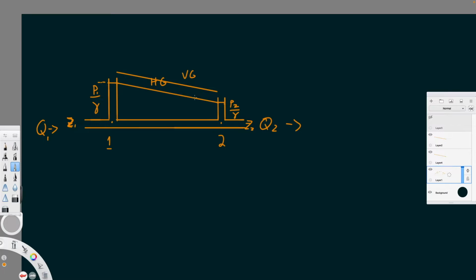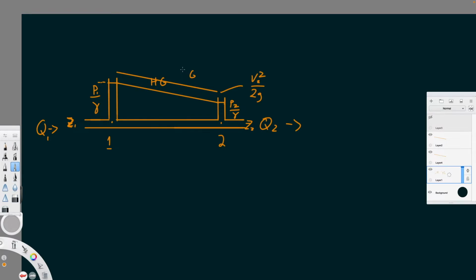Sorry, I bumped the mic. Let's see if I can draw this here. That's going to include our velocity. So V2 squared over 2g is going to be this height above the head gradient. Really, it's not usually called velocity gradient, sorry.